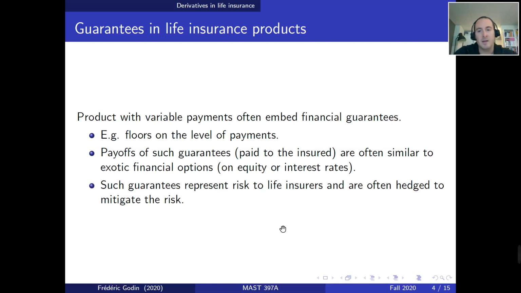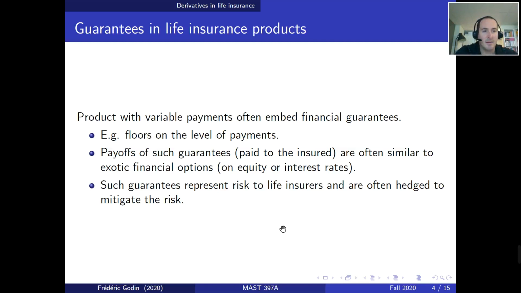These guarantees provide payoffs that are, of course, paid to the policyholder or the insured. And these payoffs often look like and behave similarly to payoffs of financial options, sometimes exotic options, so options on interest rates or equity.